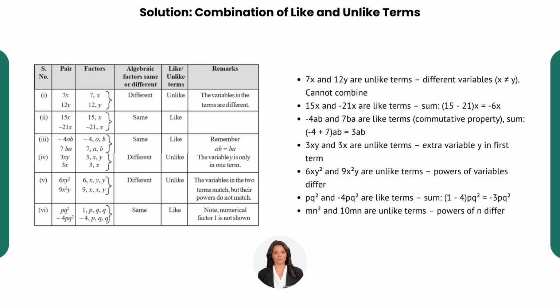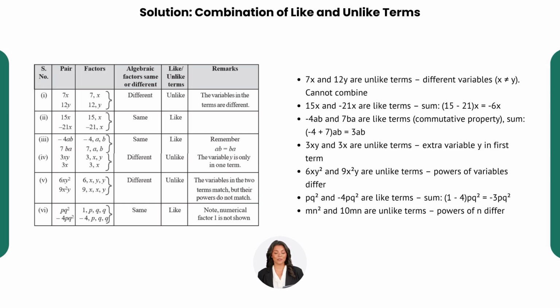Pair 5 has different variable powers, xy squared versus x squared y, so unlike terms. Pair 6 are like terms since variables and powers match. Adding coefficients 1 and negative 4 gives negative 3, so the combined term is negative 3pq squared. Pair 7 has different powers of n, so unlike.